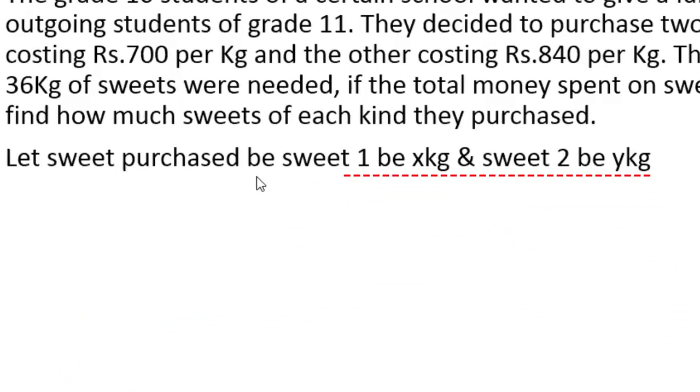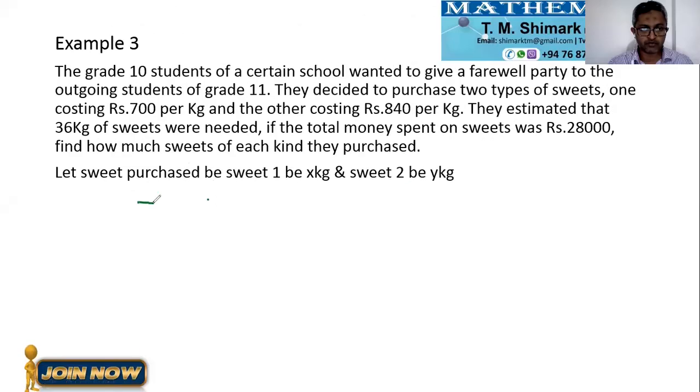Let sweet 1 be x kg, and sweet 2 be y kg. So the cost of this one is 700x plus 840y, right? That is the second one I took as y. 1 kg is 700, so x kg is going to be 700 into x.